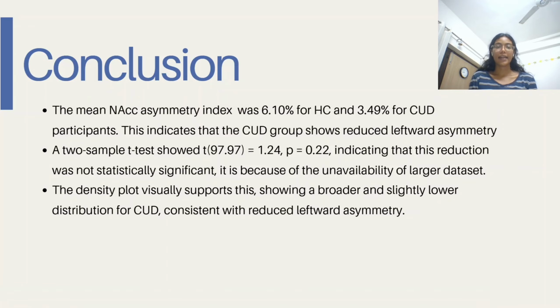The conclusion simply states that the NACC asymmetric index for the healthy control was around 6, and for the CUD group was 3.5. This indicated that the CUD group showed reduced leftward asymmetry, corresponding to our research paper. The two-sample t-test showed 1.24. It indicates that the difference in mean was not statistically significant.